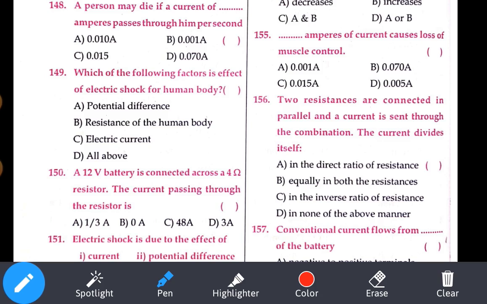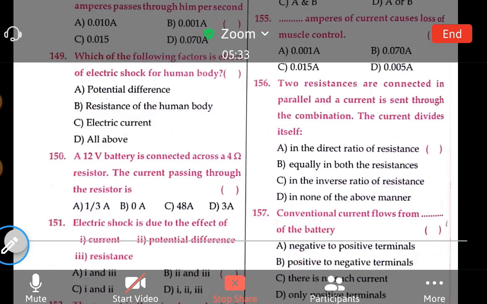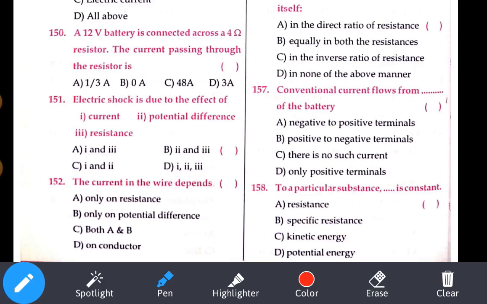Let's see the next question. The conventional current flows from. So conventional current flows from where to where? Can anyone say to me? Does anyone comment? What is this conventional current? There is no such current actually called conventional current. It is a perception.